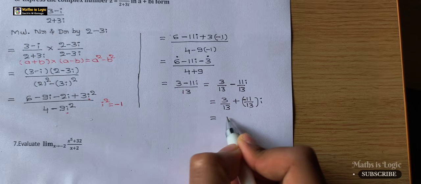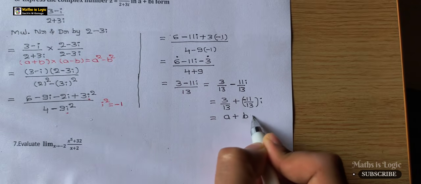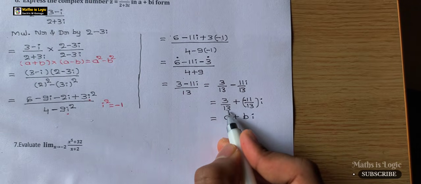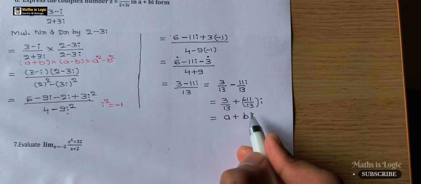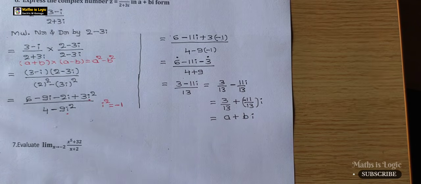Now this is of the form a plus b into i, where a is 3 by 13 and b is minus 11 divided by 13.